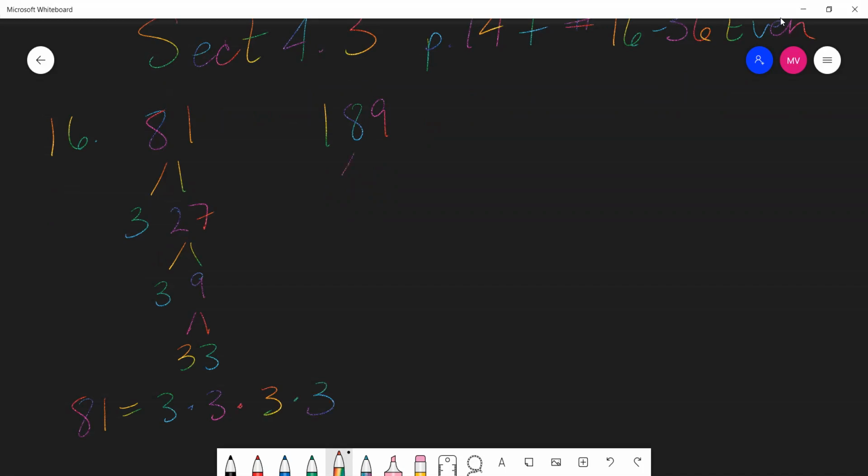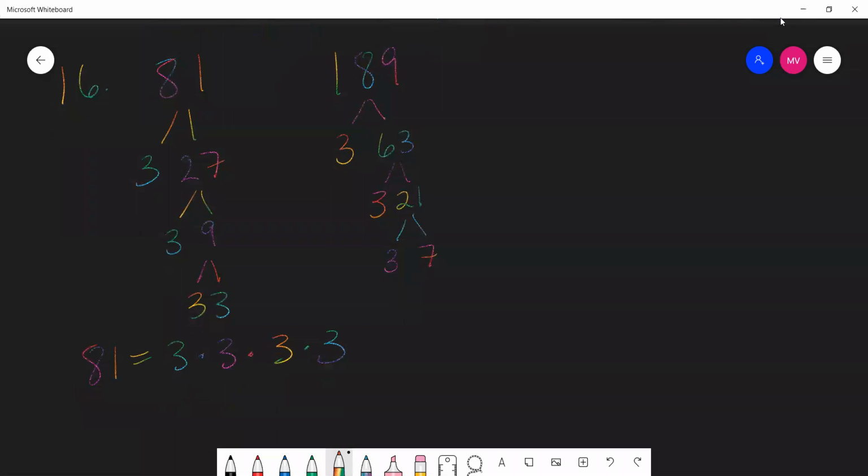Now 189. Again, I'm going to try 3. 3 goes into 189 63 times. 3 goes into 63 21 times, and 21 is 3 times 7. So our prime factorization for 189 is 3 times 3 times 3 times 7.